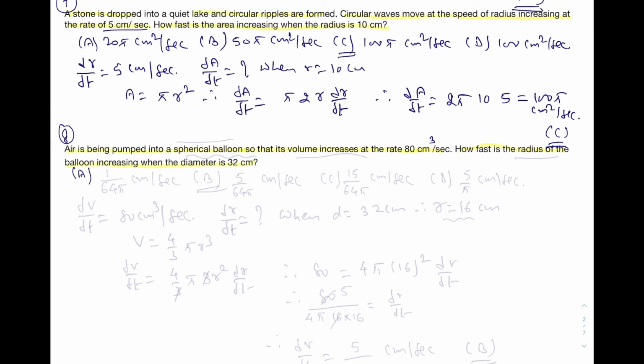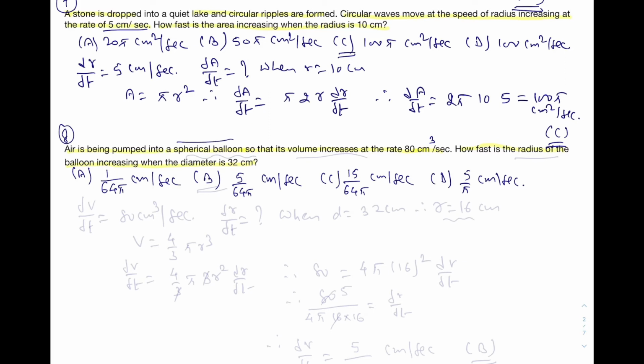So here the options given are 1 upon 64 pi centimeter per second, then 5 upon 64 pi centimeter per second, 15 upon 64 pi centimeter per second, and 5 upon pi centimeter per second.